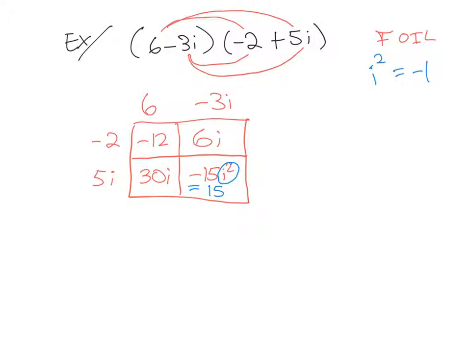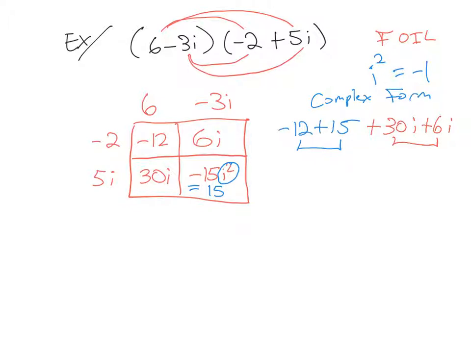Let's combine our like terms now. We have -12 plus 15, the real pieces I'm going to add together, and then we have the imaginary part, 30i plus 6i. Together we call that complex form.